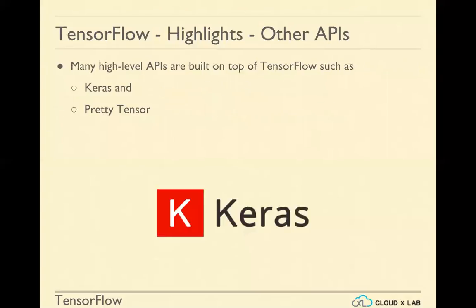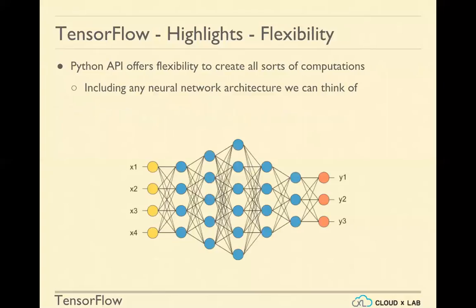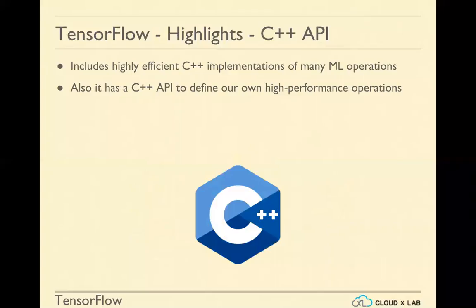There are many high-level APIs built on top of TensorFlow, one is called Keras, another is Pretty Tensor. Keras is quite popular and widely used. The Python API offers flexibility to create all sorts of computations, including any neural network architecture. There is a C++ API as well for TensorFlow.